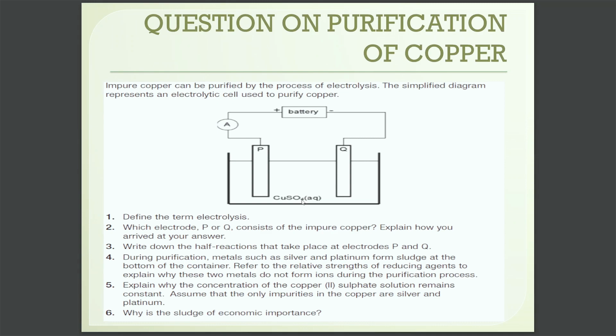Refer to the relative strength of the reducing agents to explain why the two metals do not form ions during the purification process. I did mention that it is because platinum and silver are weak reducing agents compared to copper.